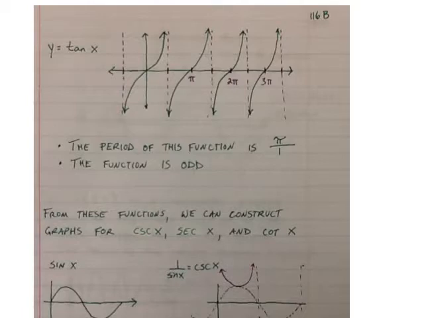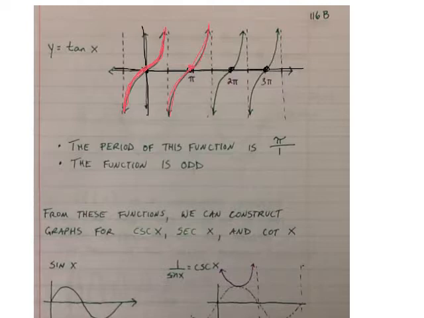The next function, which is a little bit harder to remember how to graph, is y equals tangent of x. If we have our axes labeled, we can call out 0 and then pi, 2 pi, 3 pi, and basically what we have is something which resembles a cubic, though it's not exactly a cubic, that curves across at those key points.